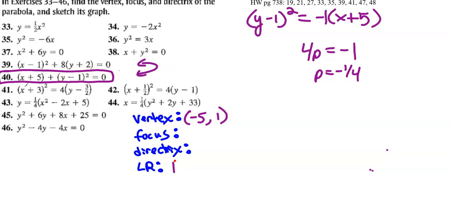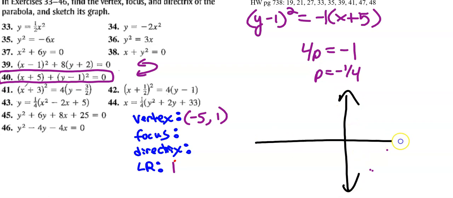So let's start to sketch this thing out, and I think these other two will fill themselves out. So here's our graph, and I know this thing's going to be at 1, 2, 3, 4, 5, positive 1 there. That's where our vertex is, and it is opening up to the left. And so we're going to go to the left 1/4.